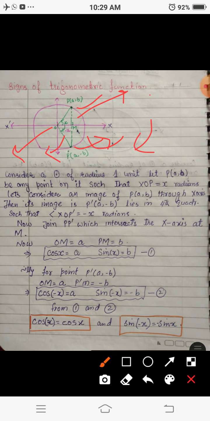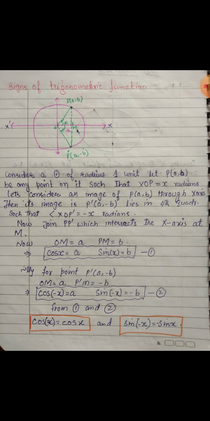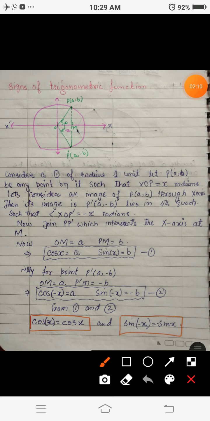Now join P and P' such that M is the point of intersection between the x-axis and PP'. Then clearly OM equals a and PM equals b for this point P(a, b), because PM is the y coordinate, which implies that the y coordinate is b and the x coordinate OM is a.